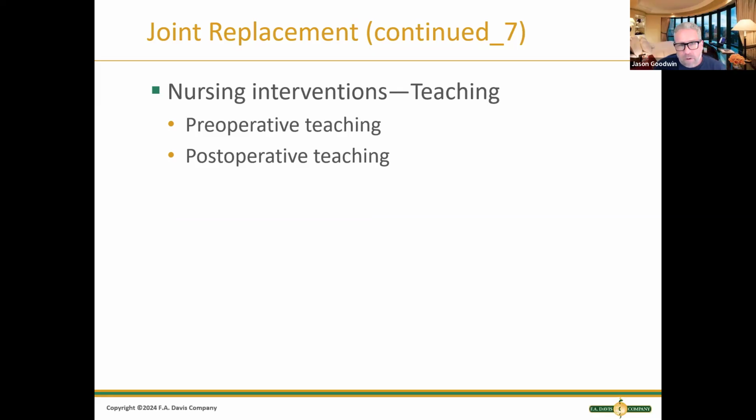Preoperative teaching is going to be around helping them understand what they're in for, what's going to be coming. Do they have the support? And like I said before, things like opioids or DVT or fat embolus, those are all things that they will be aware of because of their surgical consent. And then let them know why they're getting the anticoagulant, et cetera.